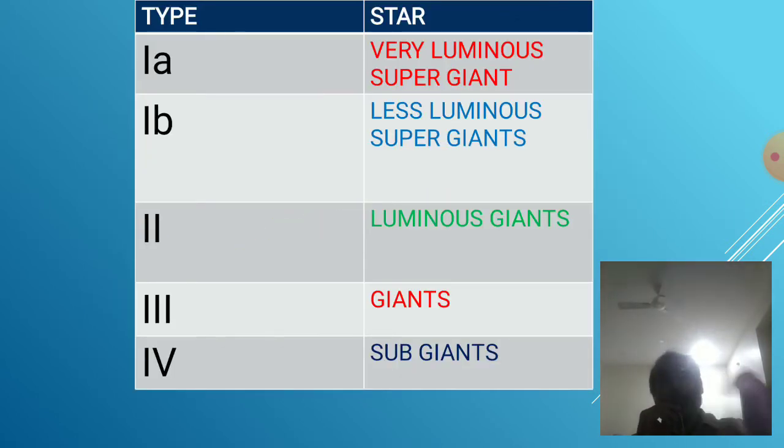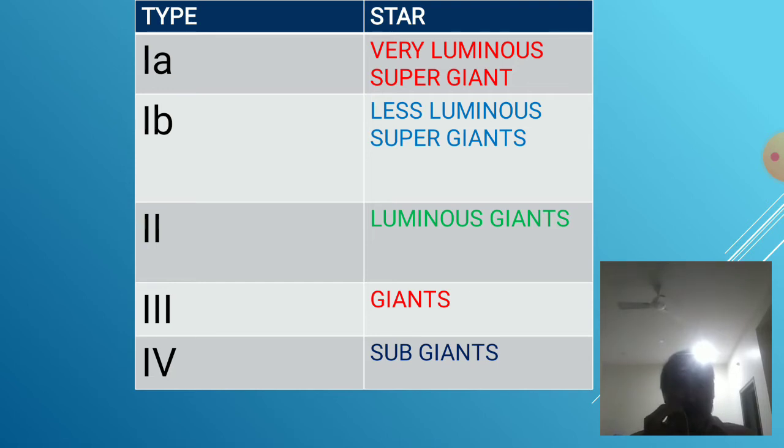Let's see. IA means very luminous supergiants. Highly massive stars appear as very luminous supergiants because their gravitational pulling force is very high.